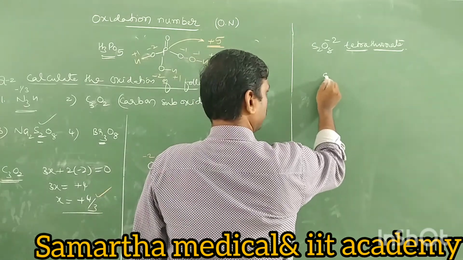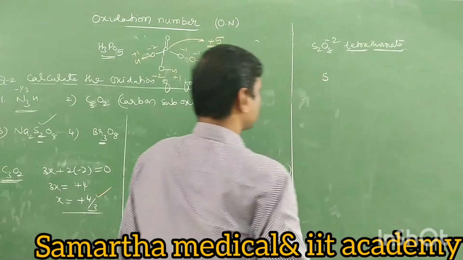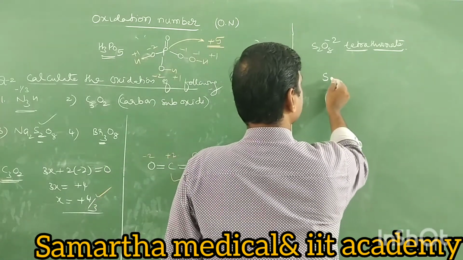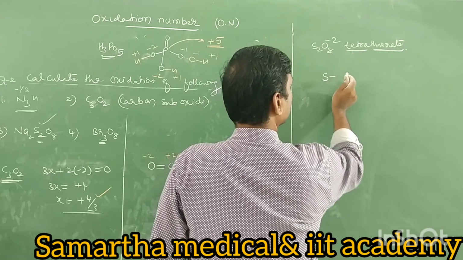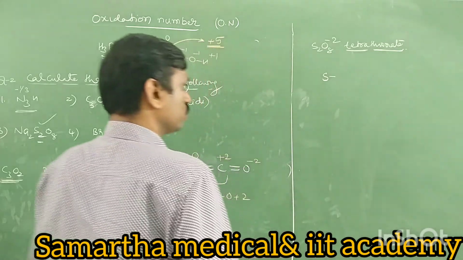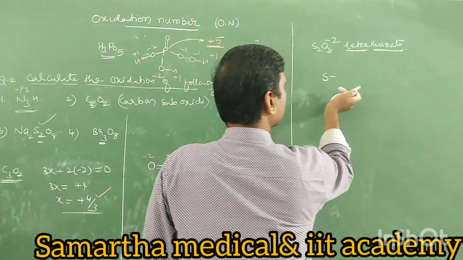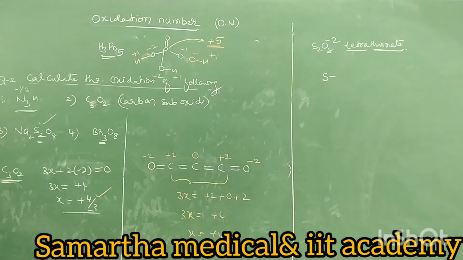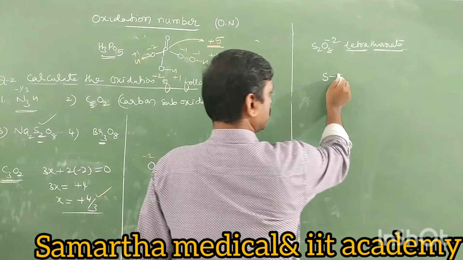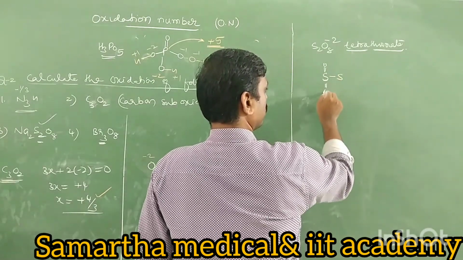There are 2 sulfur, right? How many oxygen are there? 8 oxygen. Na2S2O. S double bond S, double bond O, double bond O.